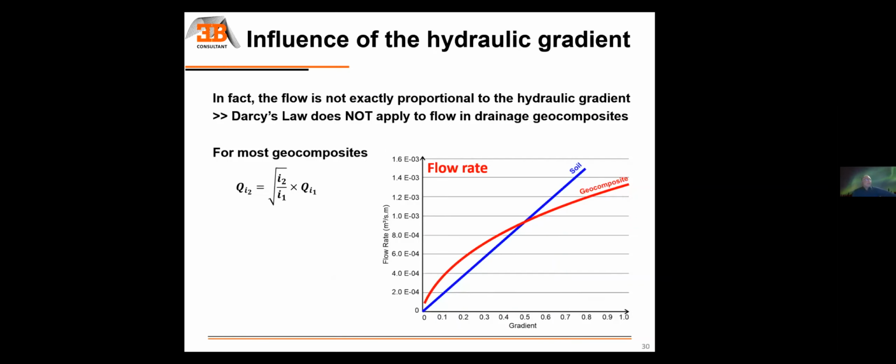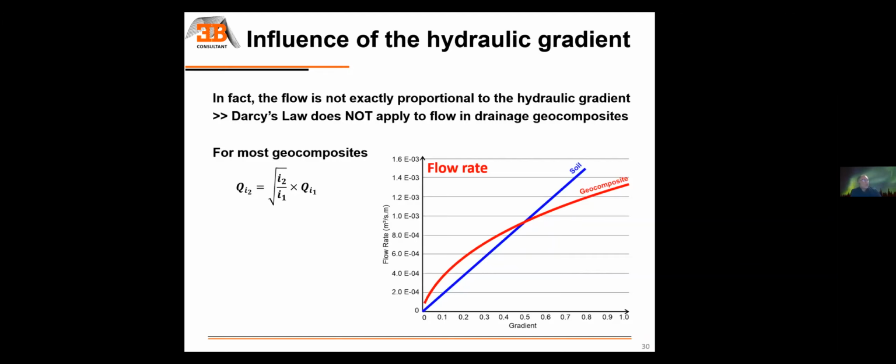Now, what was observed? When we work with this theoretical consideration, considering that the flow is proportional to the gradient, that's how we define the transmissivity. But practically, doing more and more tests, we realized that for most geocomposites the flow is not proportional, and there is in fact a relation which is closer to a power of one half.